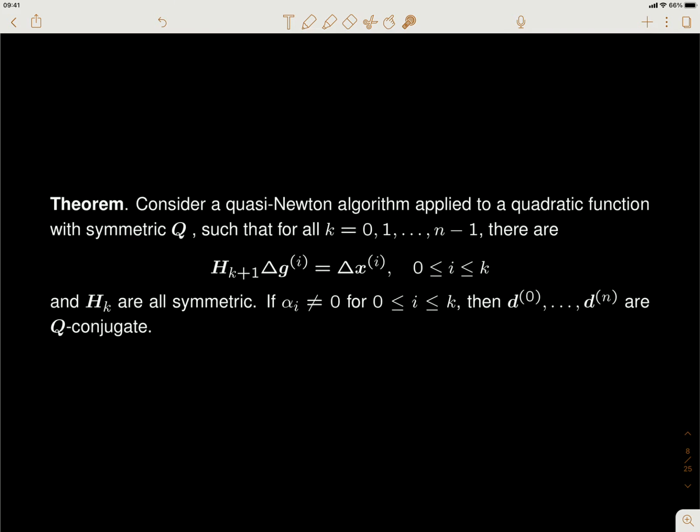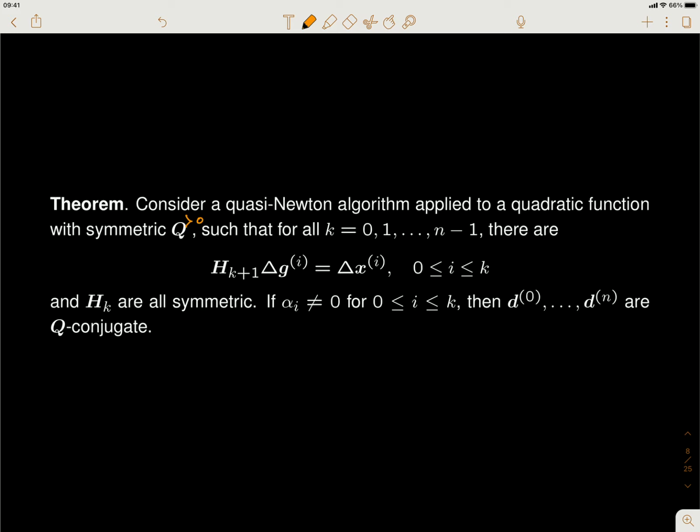And the Quasi-Newton's method actually can guarantee the same property. So let's recall what the theorem says. Consider we have a Quasi-Newton's algorithm that is applied to a quadratic function with positive definite matrix Q. I should say, always assume this is positive definite.